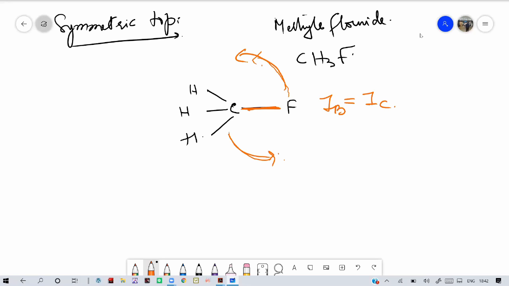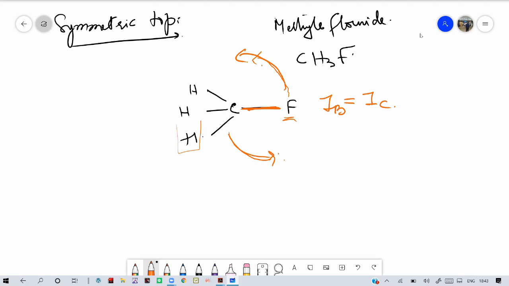It involves the rotation of three comparatively massive hydrogen atoms about this axis, as compared to this fluorine.